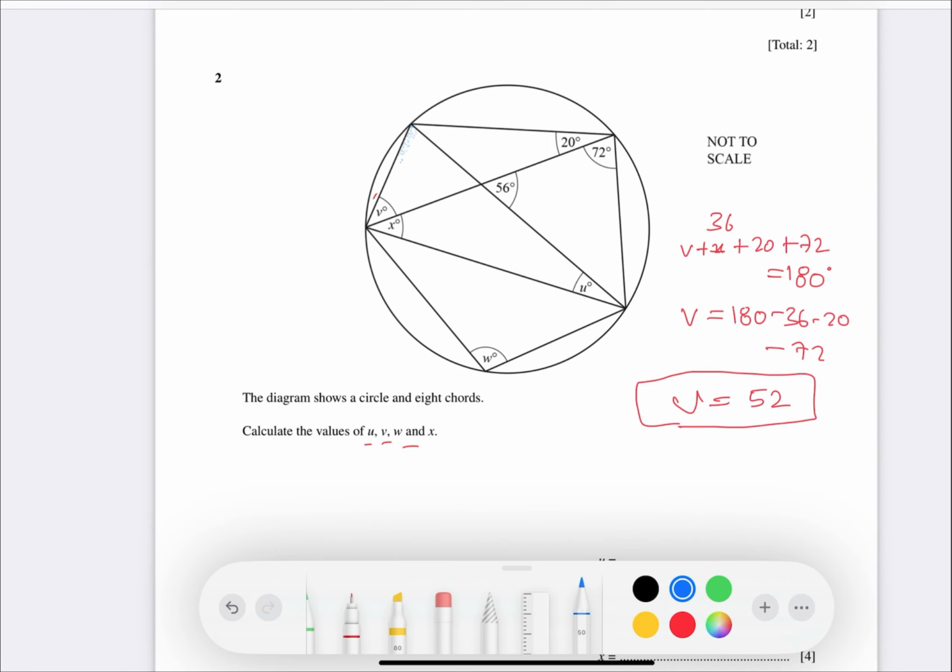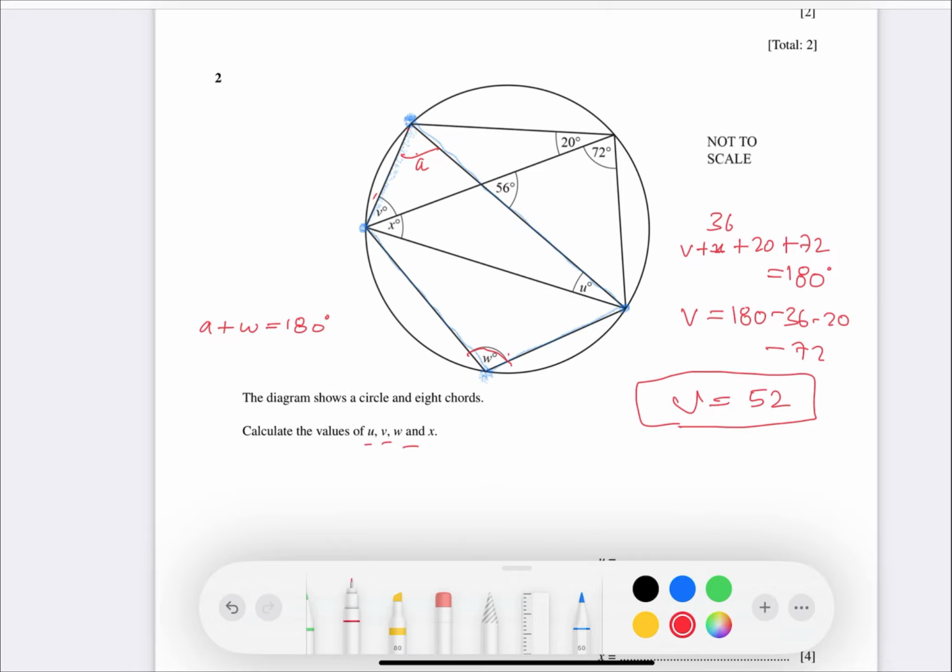So this one is a cyclic quadrilateral. Now what is a cyclic quadrilateral? All points should be at the circumference of the circle. Yes, this is a cyclic quadrilateral. Now we know that w plus this angle will be 180. Let this angle be any variable. Let this be a. Okay. So we know that a plus w equals 180. I cannot reach w directly, so I will find this a first.